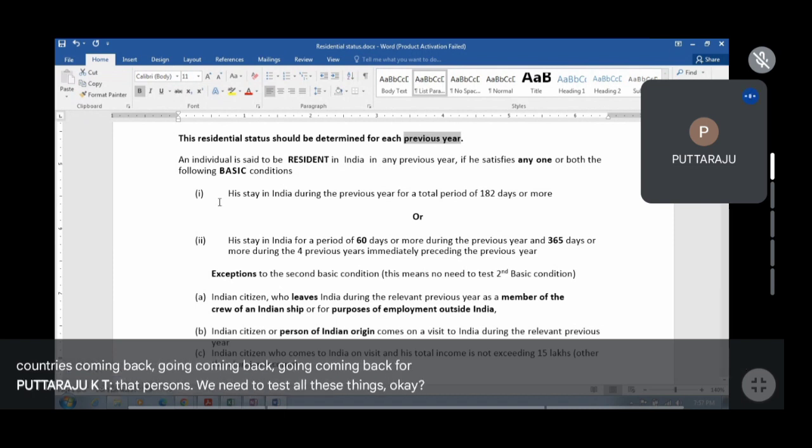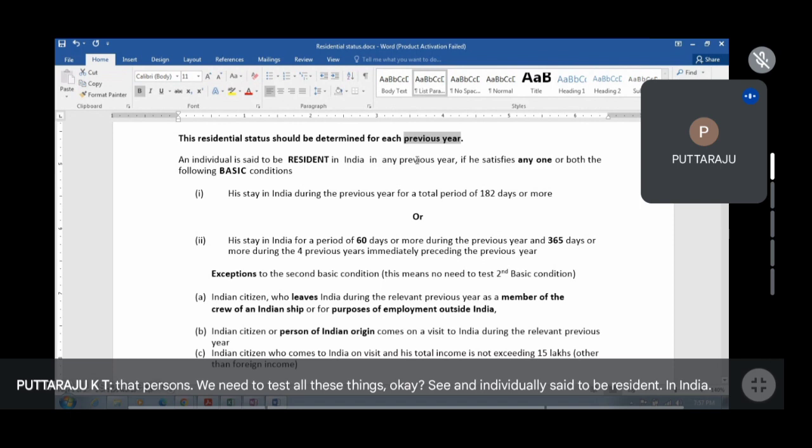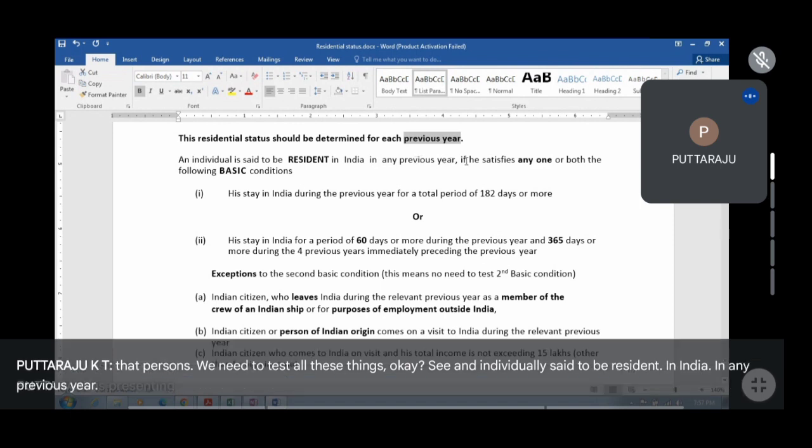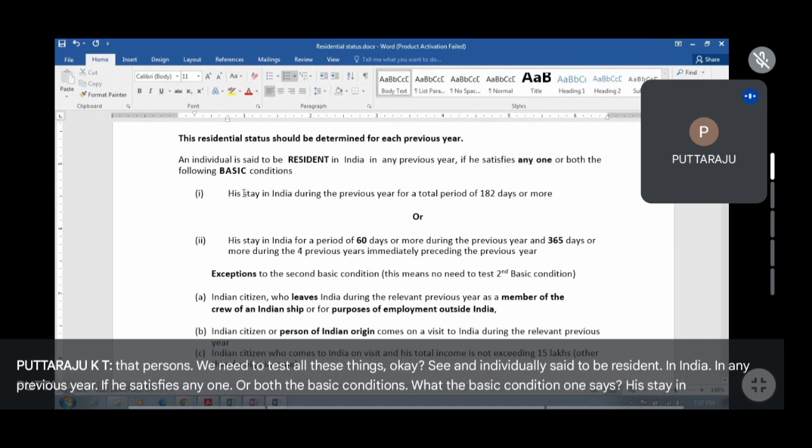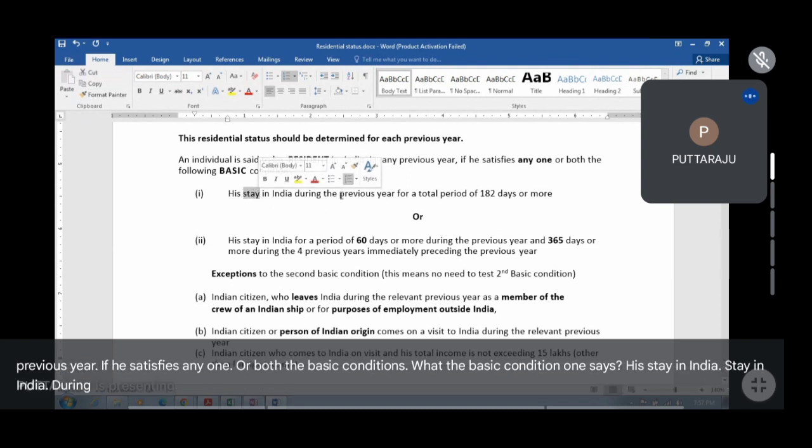Okay. See, an individual is said to be resident in India in any previous year if he satisfies any one or both of the basic conditions. What does basic condition one say? His stay in India during the previous year. Previous year means, in our case, 22-23.